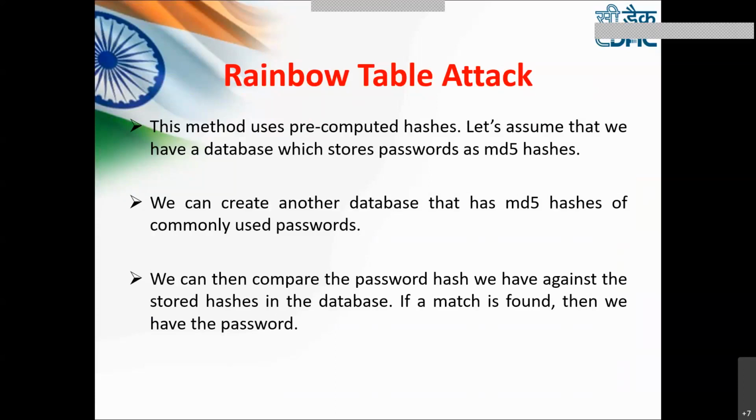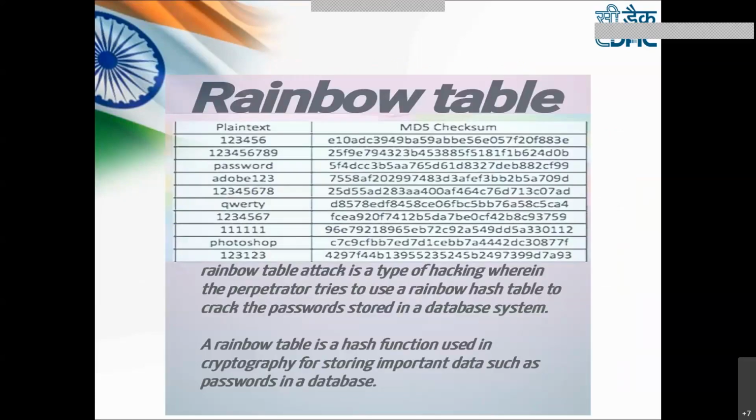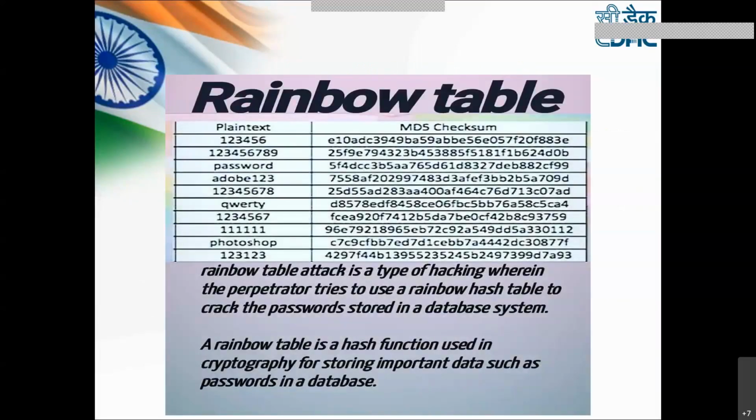Because nowadays all the passwords are stored in encrypted format or a hash format. For that you need a rainbow table to attack that particular website. So it consists like this. This is a rainbow table. It is a type of hacking wherein the perpetrator tries to use a rainbow hash table to crack the password stored in a database system. So you are basically trying to attack the database with an MD5 checksum hash that you have created.